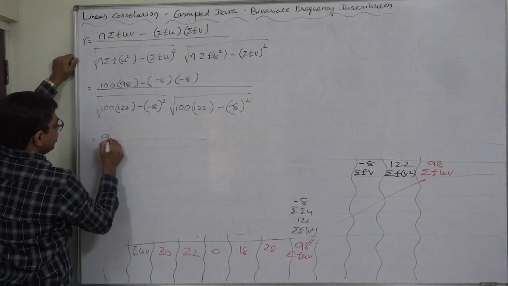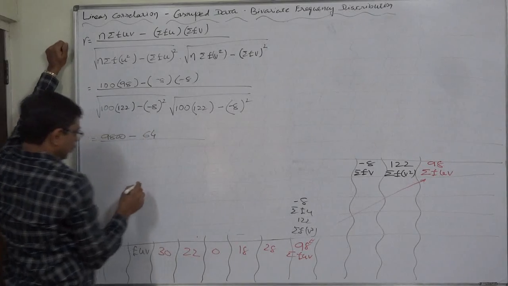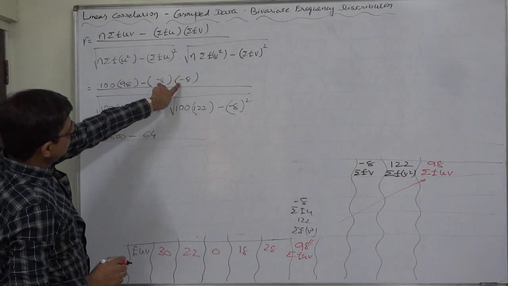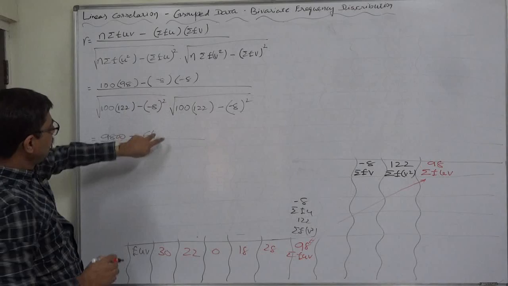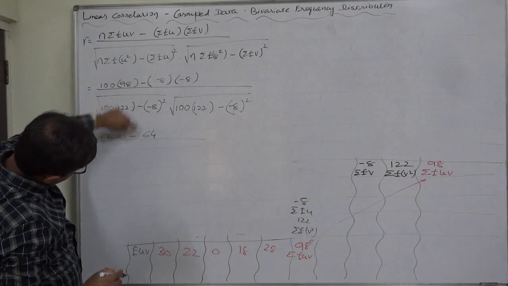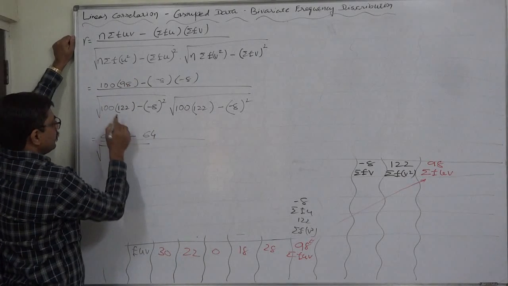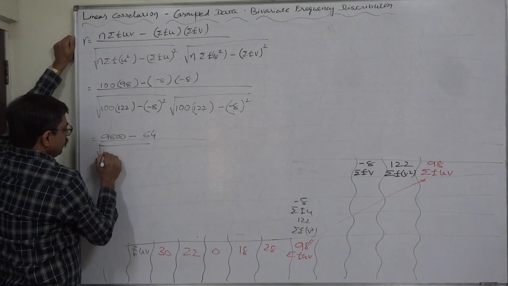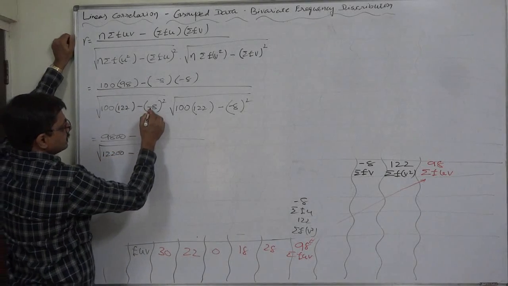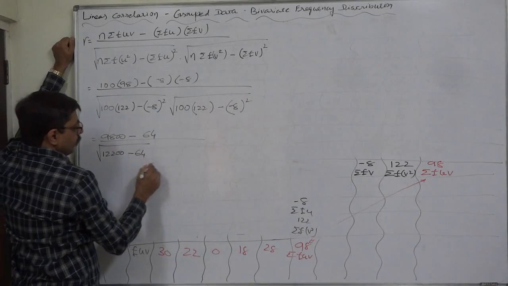100 into 98, 9800, minus minus 8 into minus 8, 64. The multiplication of two negative values will be positive. This minus sign is from the formula itself. Into under root 100 into 122, 12,200, minus according to the formula, square of minus 8 is 64.